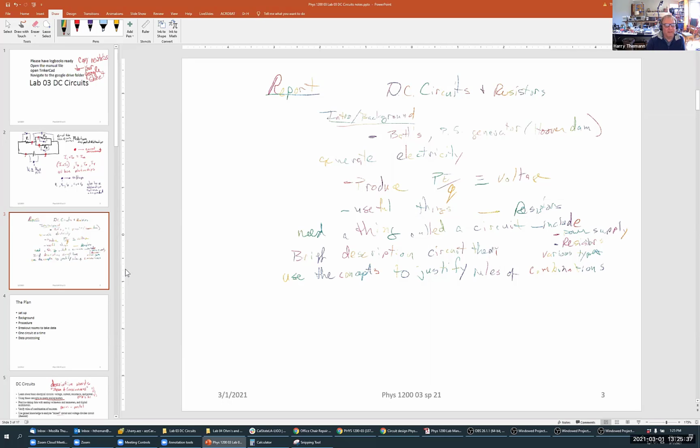We will then justify the rules of combination. We will present the results of a series of measurements using, what did we use?